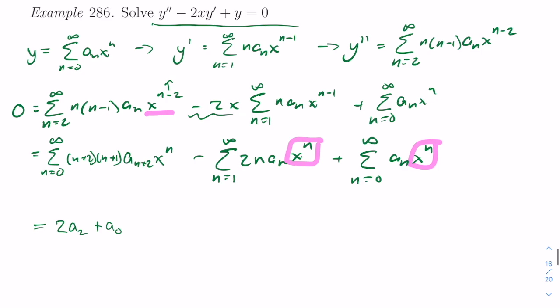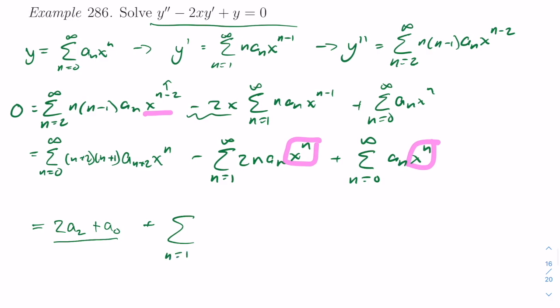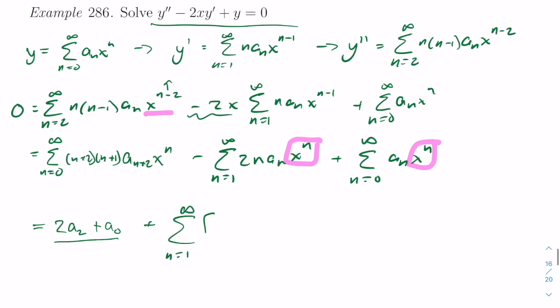Then I'll have plus the sum of the rest, right? Because after I take these off, they all start at n equals 1. So n equals 1 to infinity of the first thing, n plus 2, then n plus 1, a sub n plus 2, minus 2n, a sub n, plus a sub n, all that times x to the n.